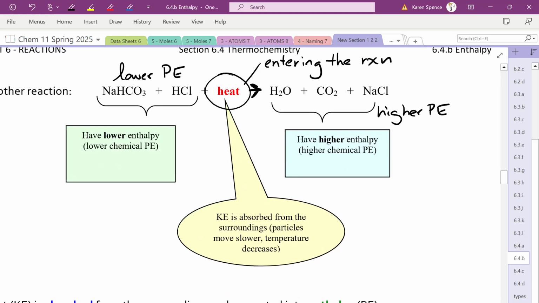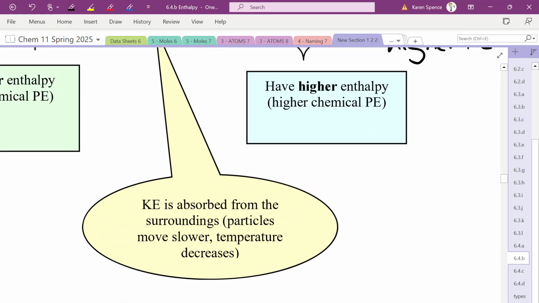What happened was we had some particles that were moving quickly before the reaction.